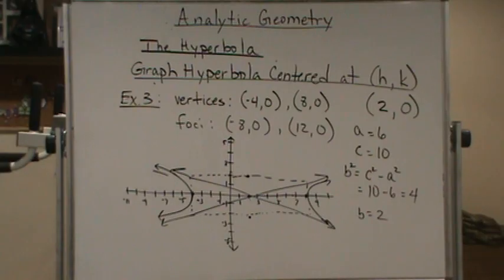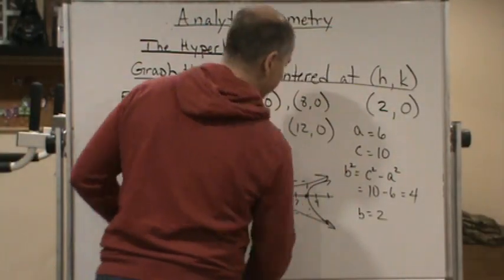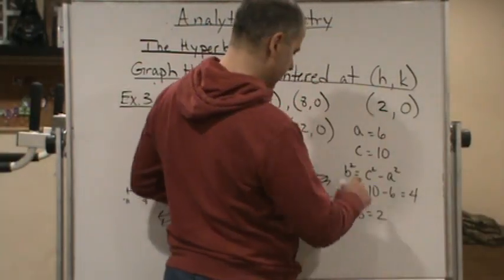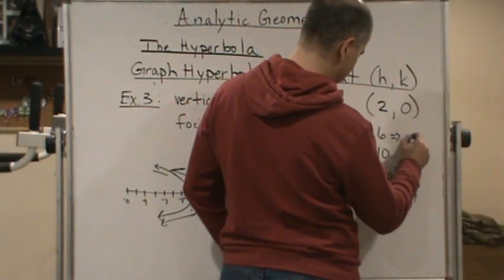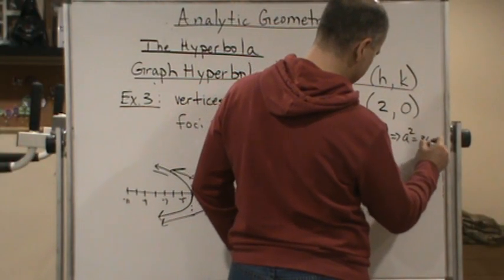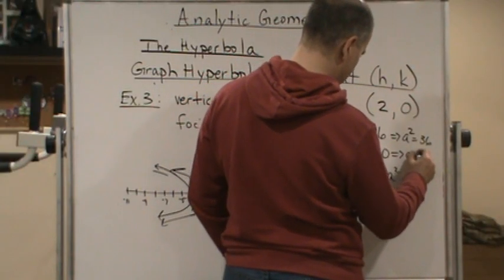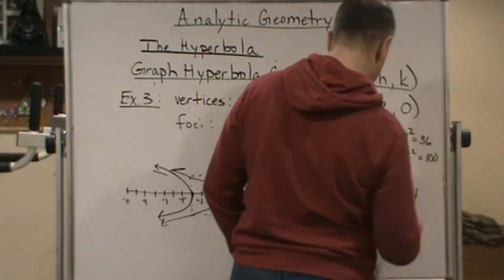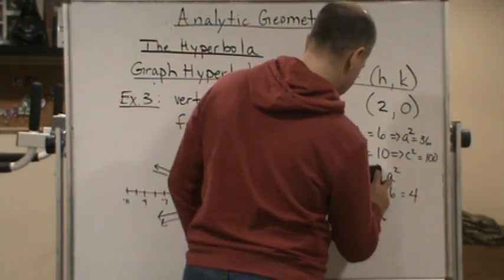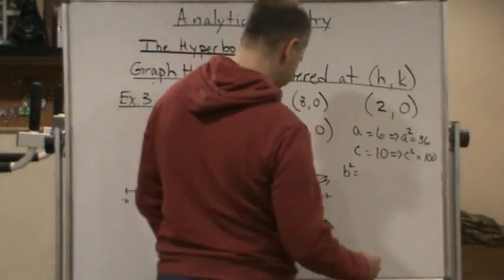Oh, oops, I made a mistake. That's A and C, sorry. So that means A squared is 36, and C squared is equal to 100. So let me fix this. Glad I caught that.